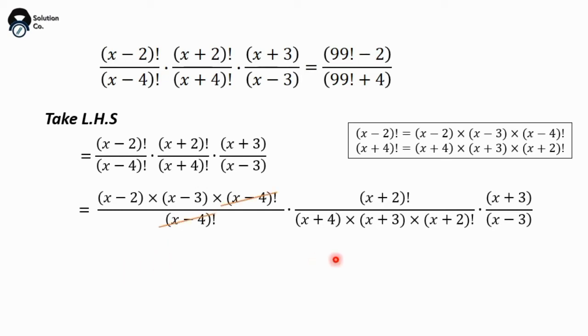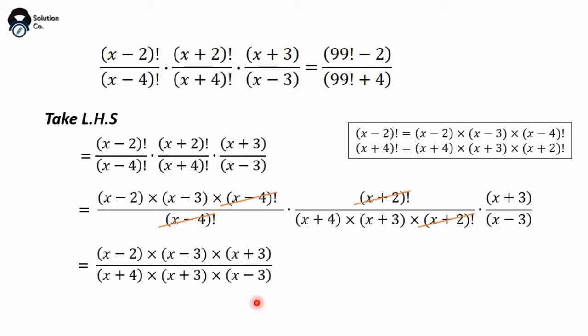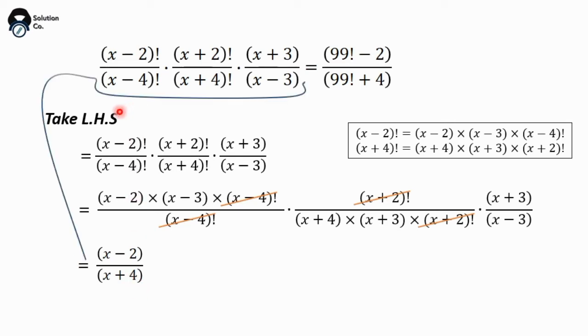Do some cancellation. Again do some cancellation. We will remain with this x minus 2 by x plus 4, which is the simplified form of the left hand side. Now substitute this value in place of the left hand side.